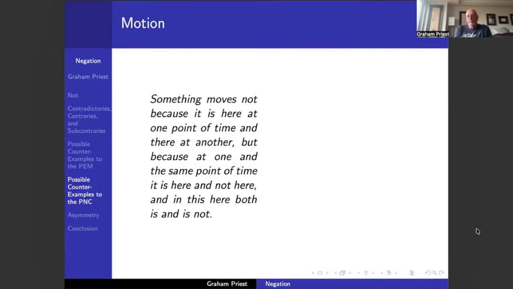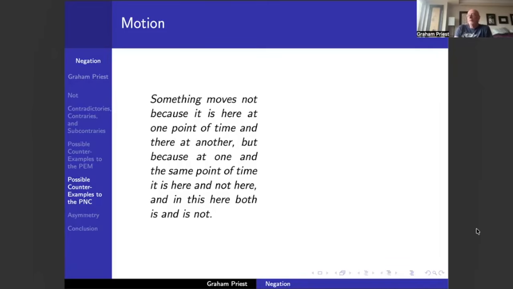Here's another one. And again, let me give you a quote from an historical philosopher. And it concerns motion. The quote says, something moves, not because it's here at one point of time and there at another, but because at one and the same point of time, it's both here and not here. And in that here, it both is and is not.